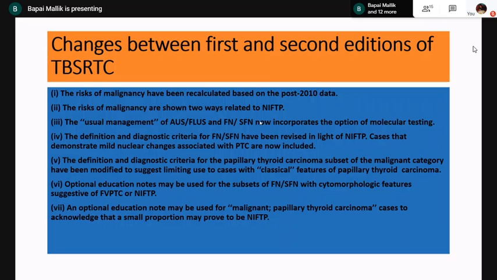The definition and diagnostic criteria of the papillary thyroid carcinoma subset of the malignant category have been modified to suggest limiting use to cases with classical features. So you use the word papillary thyroid carcinoma when you have classical features. And of course, there are optional educational notes, both related to the follicular variant of papillary carcinoma and the non-invasive follicular tumor with papillary-like nuclear features. We'll see more of those in the relevant section, but this is the list.